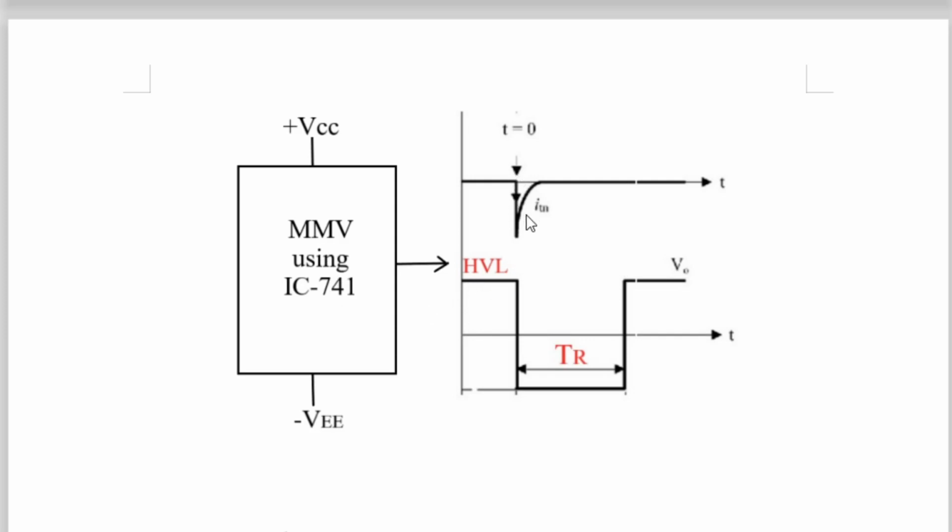When you apply the trigger pulse, that permanent single state can be changed, and the changed state will come back to its original state after the time called T return. So this is from the block diagram.